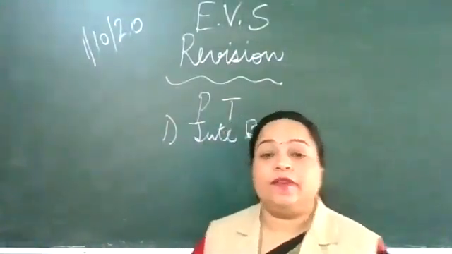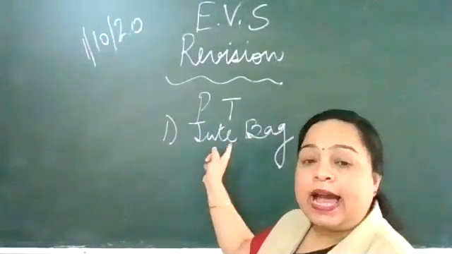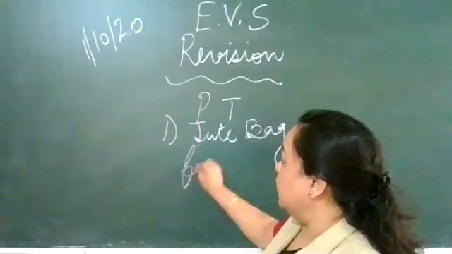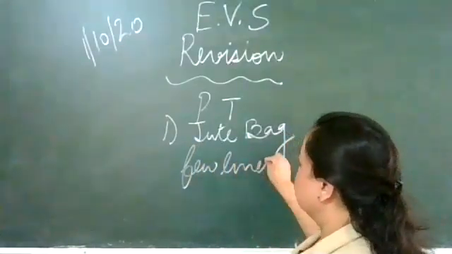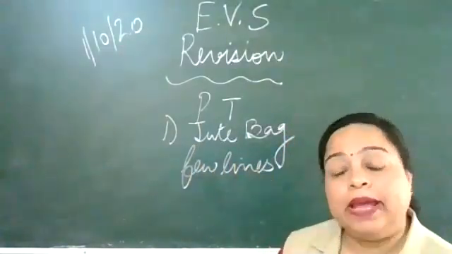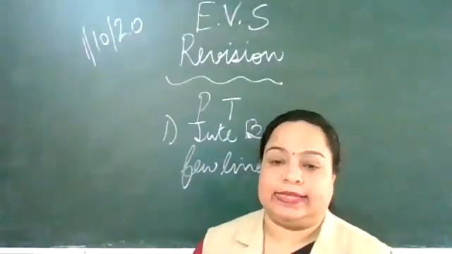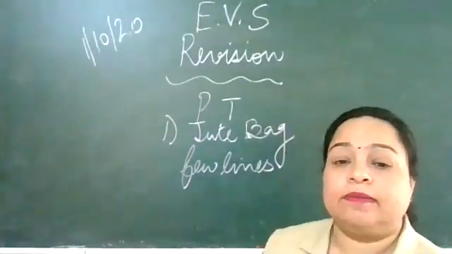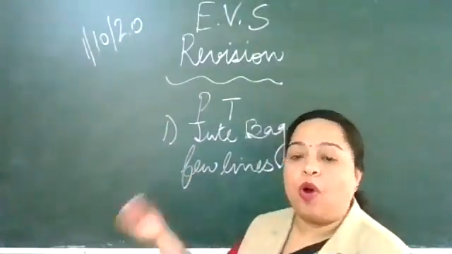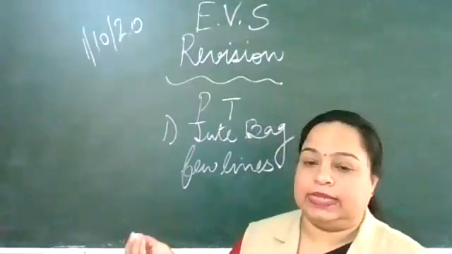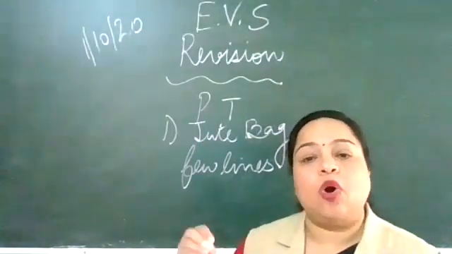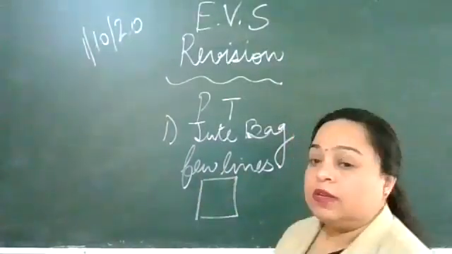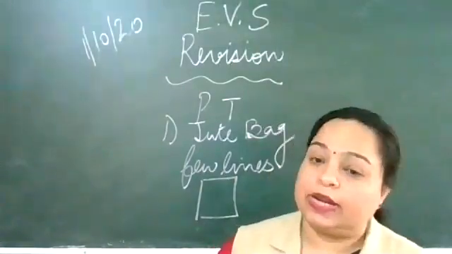So first give the heading jute bags and write down a few lines. Understood that? Then after writing this, please paste pictures or draw. You can do both things. You can paste pictures or draw to verify what you have written down.